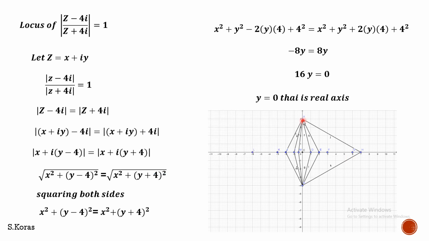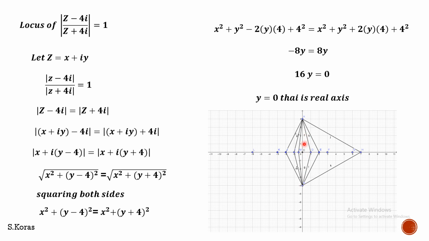So if you take this length, here is your z, this distance is equal to this distance. If the point comes to this place, this is modulus of z plus 4i, and this is modulus of z minus 4i. Whatever it may be, the distance between these two and the distance between these two are equal to one another.